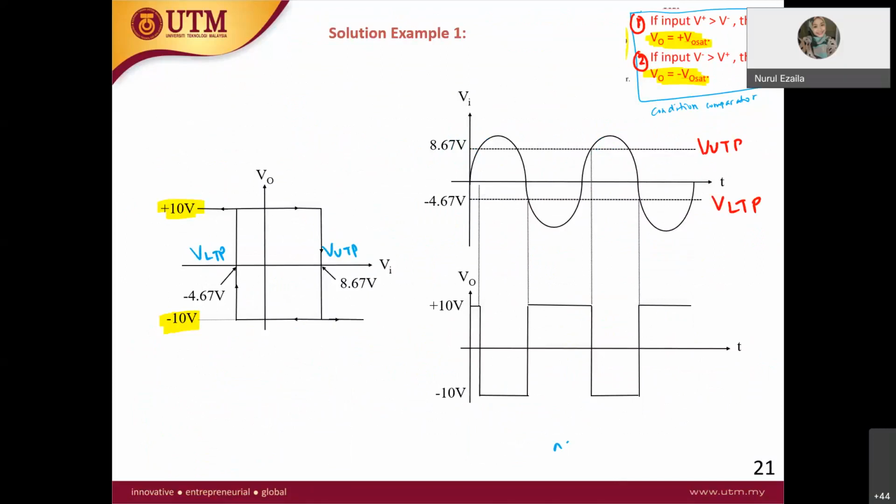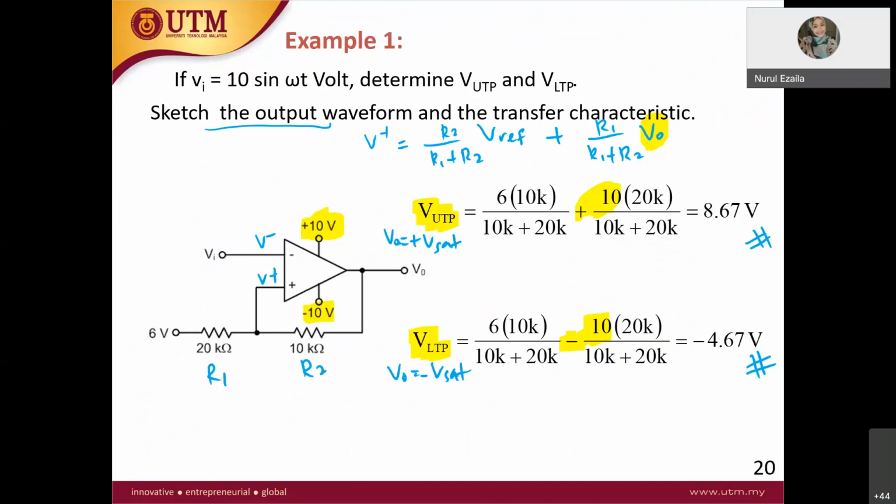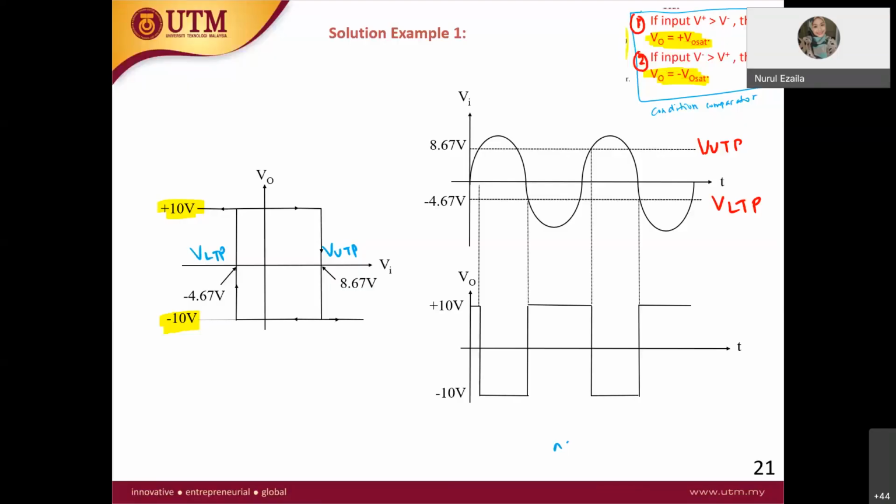So look here again. Your VLTP and VUTP is V plus or V minus? V plus. VLTP and VUTP is V plus. So this is the line for V plus.